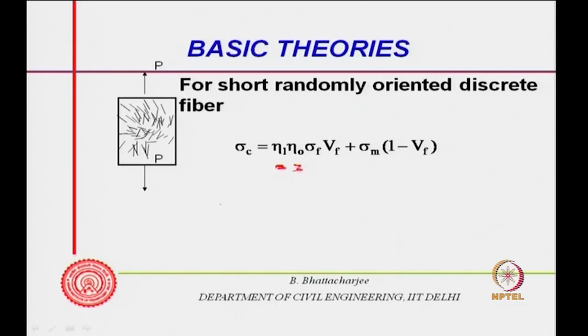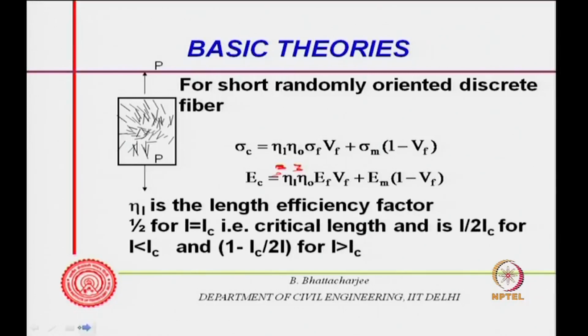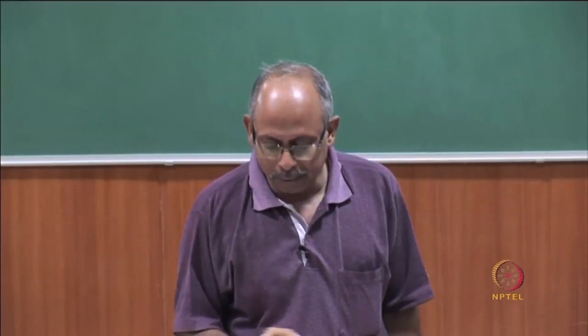So, we call this the orientation efficiency factor, and the length efficiency factor, and composite strength, composite stress, we can then determine in this manner. Similarly, modulus of elasticity also we can look in this manner, and this is called length efficiency factor, this is called orientation efficiency factor, and next class we will look into the same. So, this is the introduction.